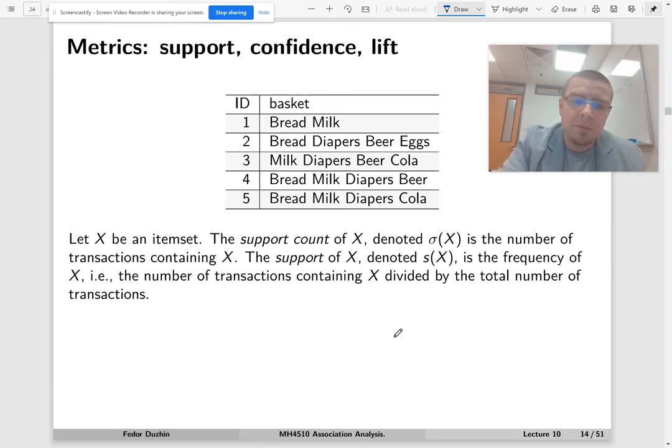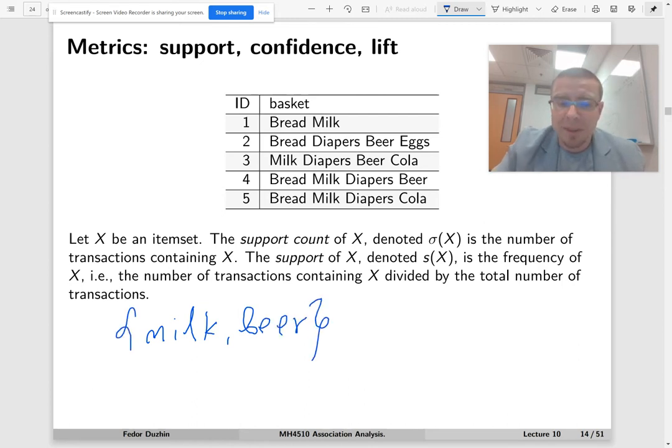If we look at milk and beer together, how many transactions contain milk and beer together? The first one, no, it only contains milk. The second one does not contain either milk or beer. The third one contains milk, but no beer.